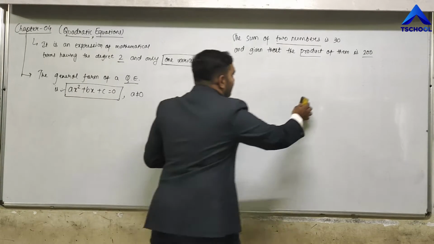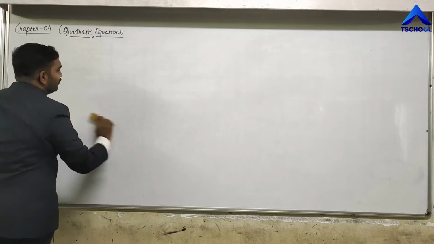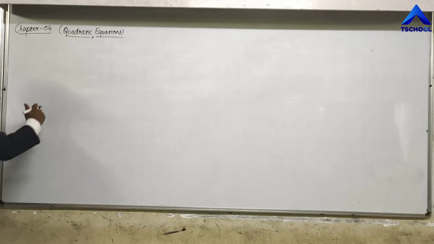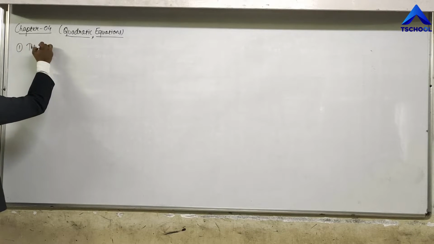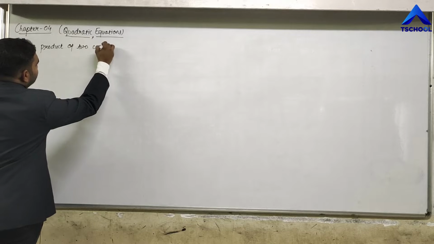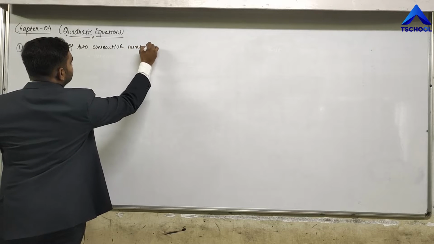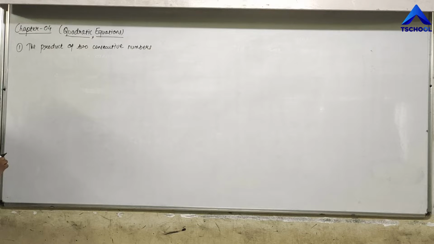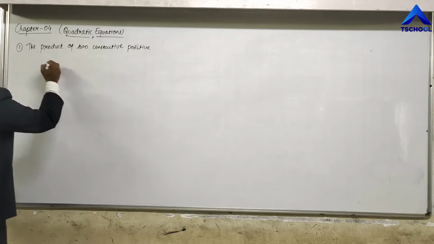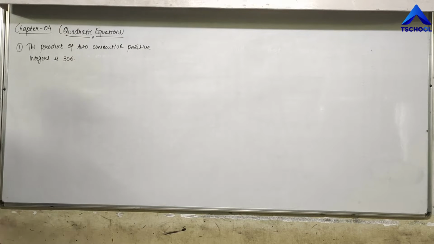So let me start with a very simpler example: the product of two consecutive positive numbers or integers is 306, right?